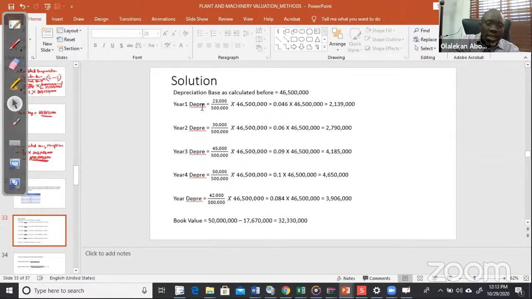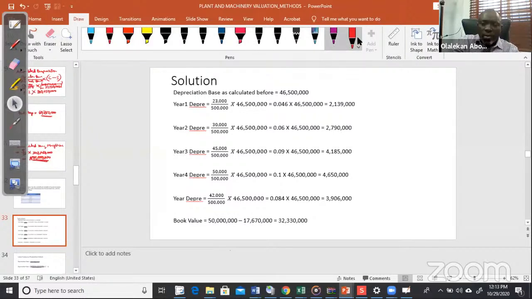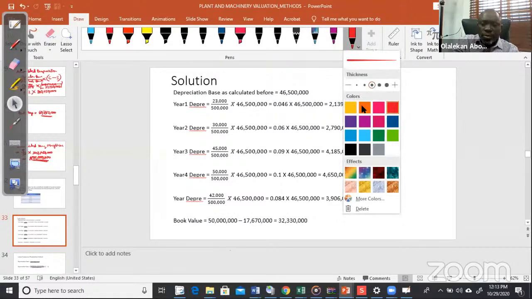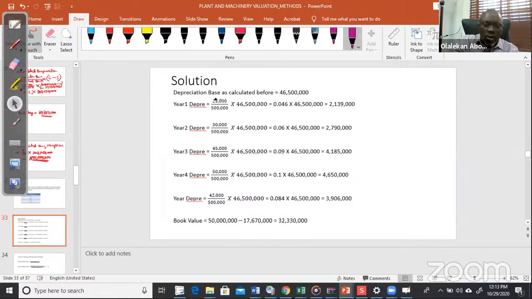Okay, what you see here. Let me pick my pen. This one is your operation hour. If you go to year 1, it's 23,000. This is your total productive hours, which you are given as 500,000.